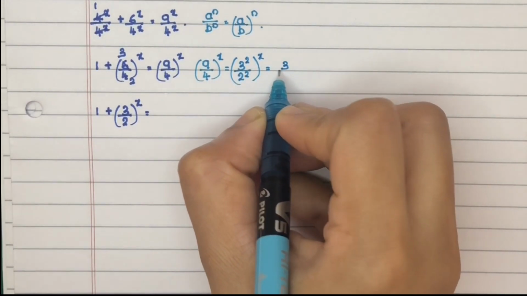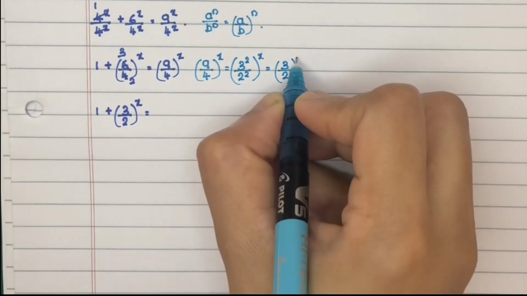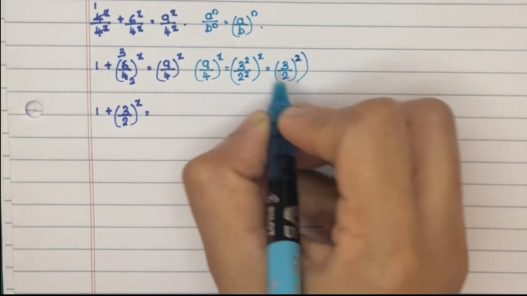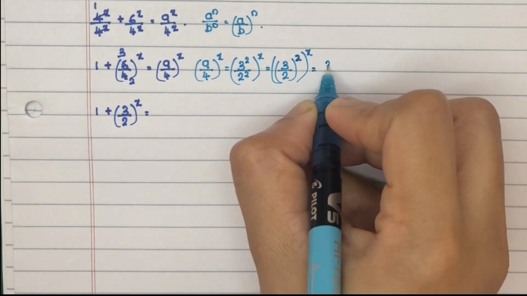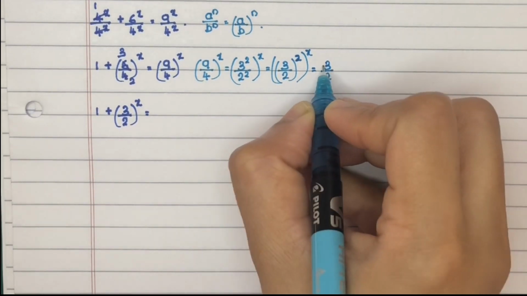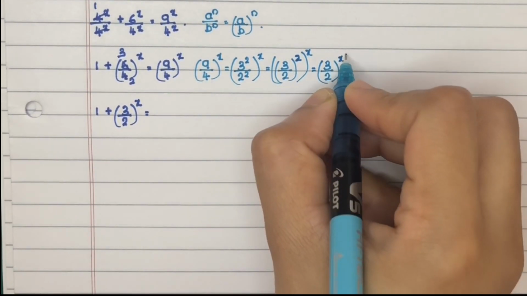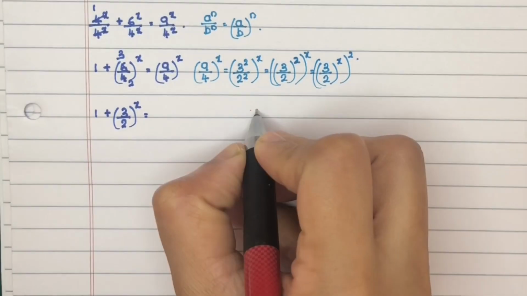So this one you can write as 3 by 2 whole raised to 2 whole raised to x. This is same as 3 by 2 whole raised to x into 2.